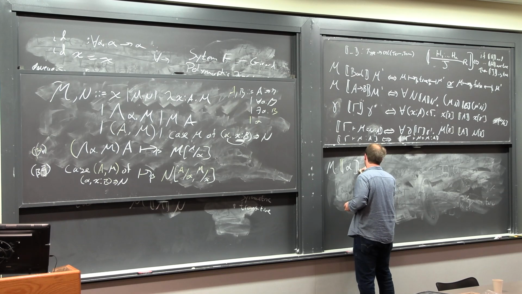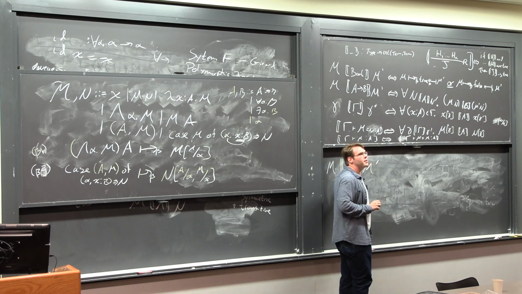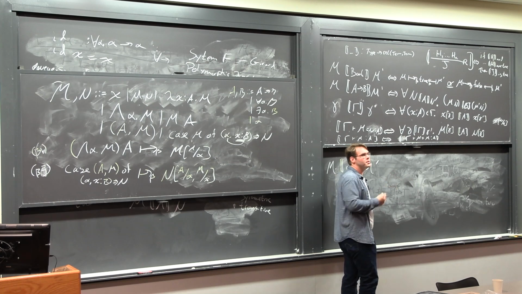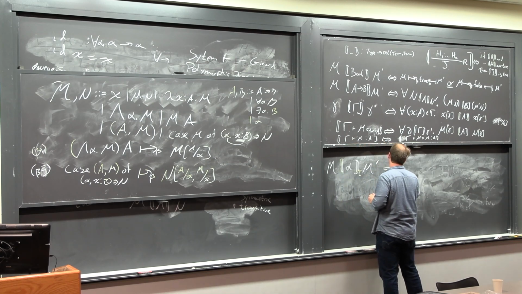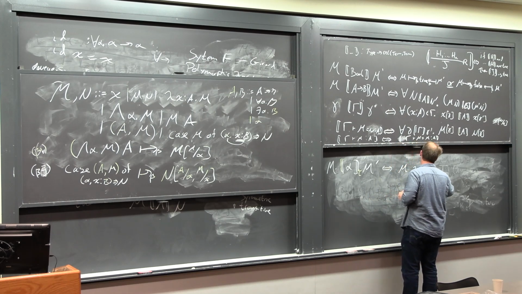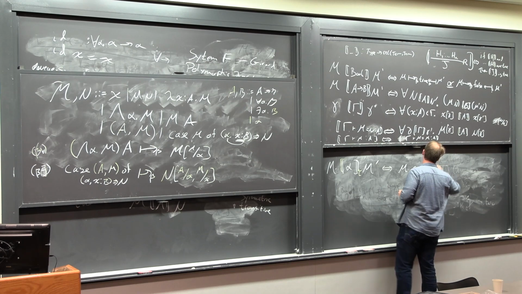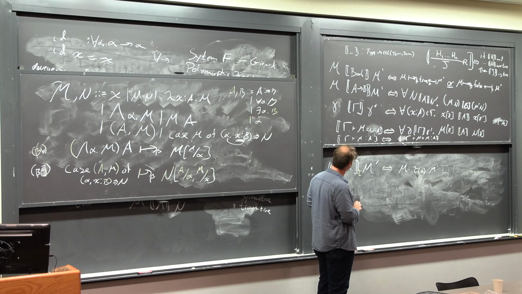Tau is going to tell me whenever I hit a type variable, what is the meaning. It's just like we map variables to values. Now I'm going to map type variables to the meanings of types, which are relations. So this is just look it up. So if M is related to M prime at that case, okay?